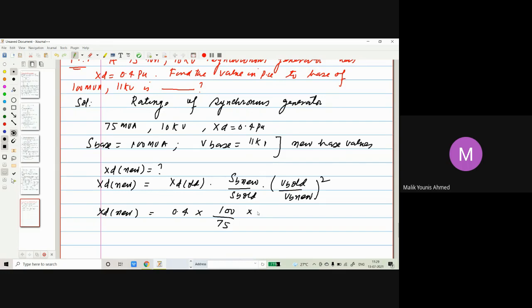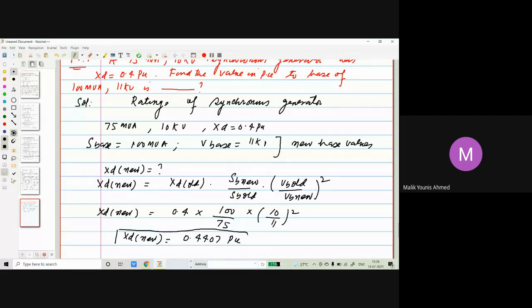Multiplied by VB old, which is 10, divided by VB new, which is 11, whole square. If you calculate this, XD new will be equal to 0.4407 per unit. This is the correct answer.